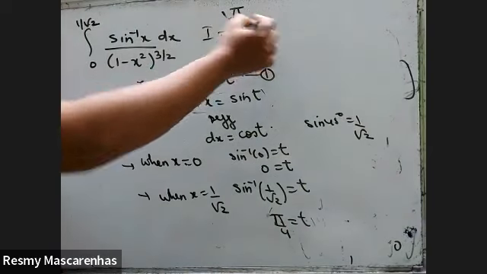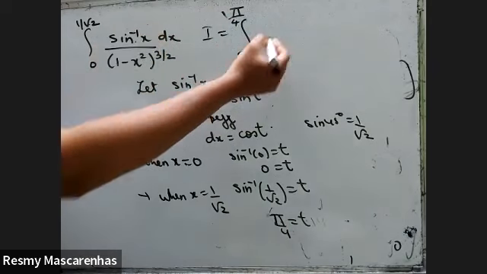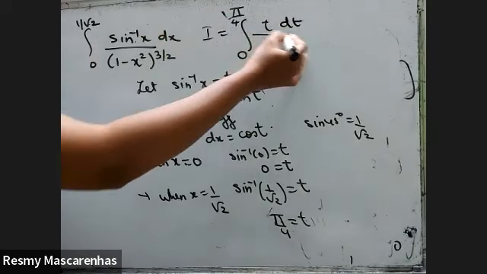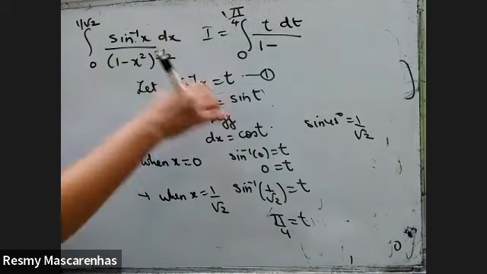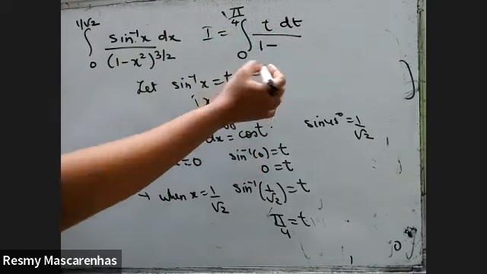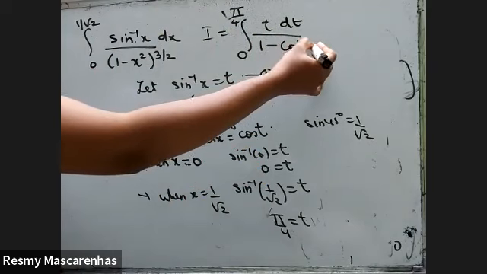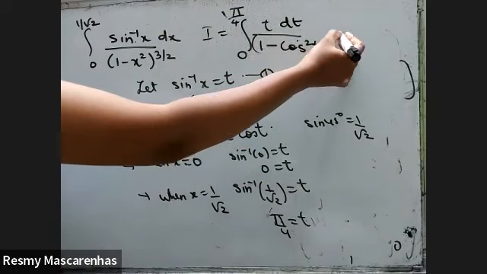Sine inverse of x is nothing but t. This is dt. This is x square. X is what? Sine t. This will be cos square t raised to 3 by 2.